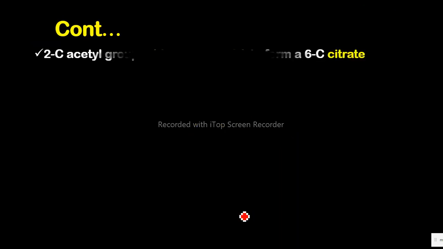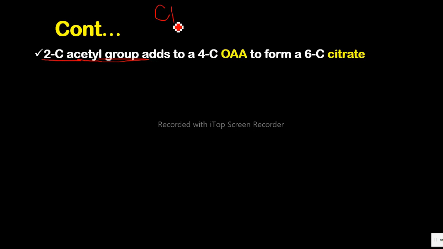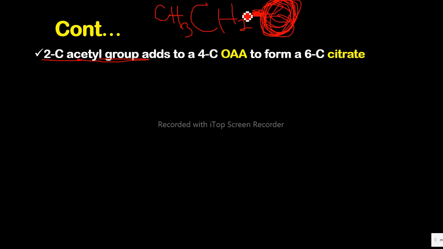So, what happens? The 2-carbon acetyl group, like I showed you, is written as CH3. The acetyl group is written like this, CH3, and it is bound to coenzyme Q. Sorry, coenzyme A, not Q. So this could be your enzyme, and the enzyme has some receptor site somewhere that will bind this acetyl group.